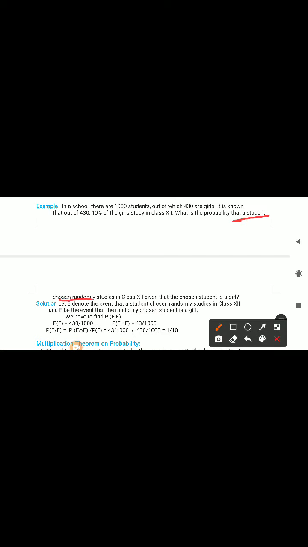Given that the chosen student is a girl, it is F. So F is the event that the randomly chosen student is a girl. Now you have to find P(E oblique F). So that is P(E intersection F) upon P(F).